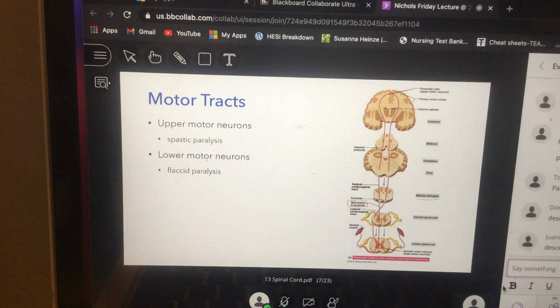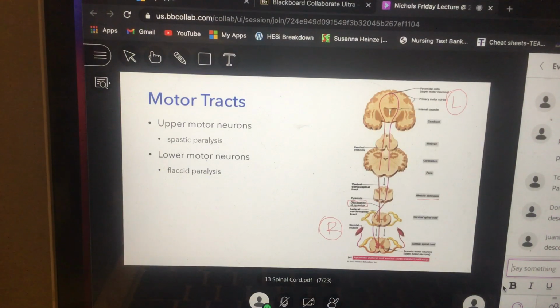Those ridges are called the pyramids, and the word decussation is just a big, complicated word for crossing. And that's where the motor neurons may start over on the left side of your brain, but end up controlling skeletal muscles on the right side of your body, because most of them, not all of them, as you can see, cross over at the medulla.